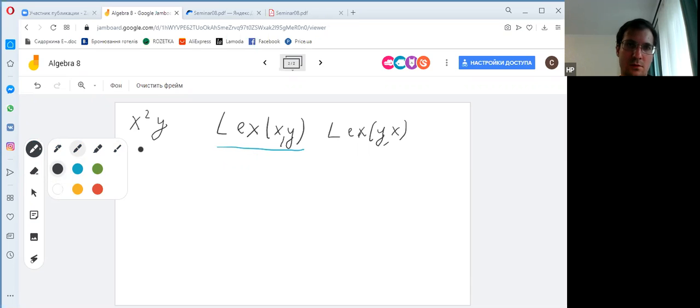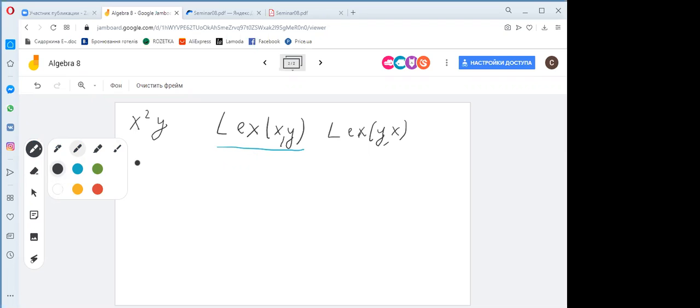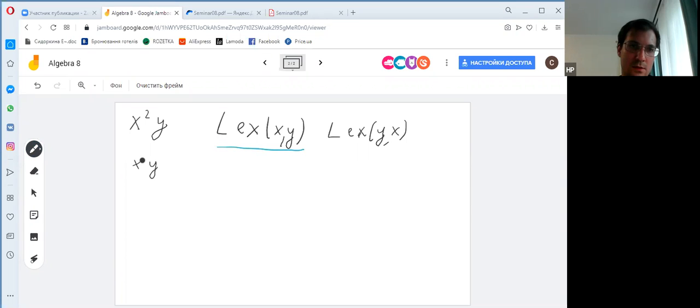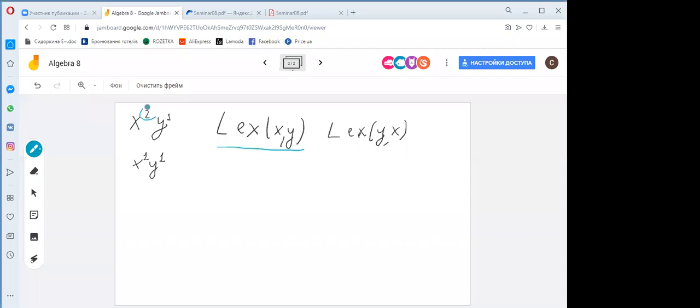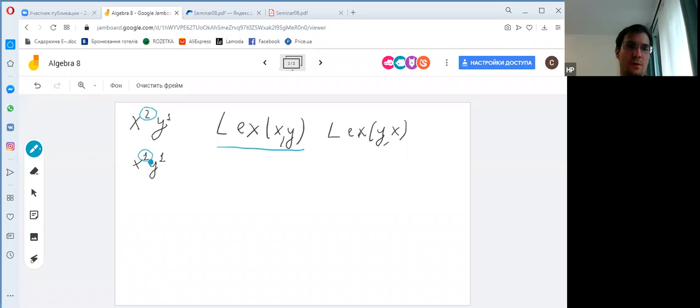Can you give me some examples? For example, xy. Why is it smaller? Because xy is x to the first, y to the first, and this is x to the second, y to the first. First of all, we look at x and say that 2 is bigger than 1, so xy is smaller than x squared y.